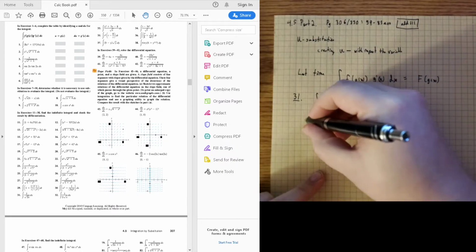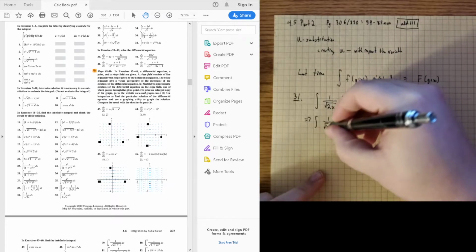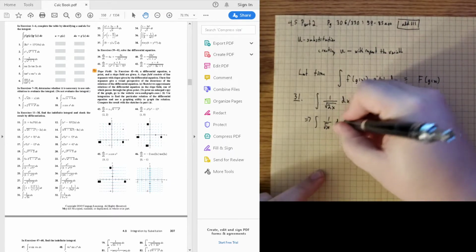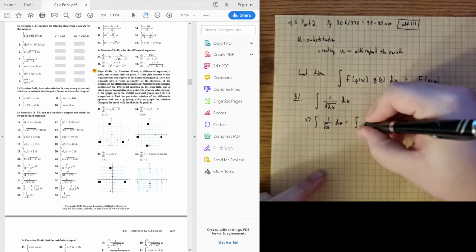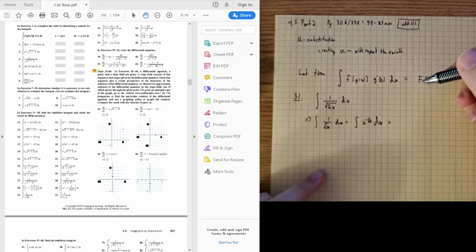Now, if this problem was the integral of 1 over the square root of x, we could solve it pretty simply, because we could rewrite the function into an integral of x to a negative power, and then solve using basic power rules.